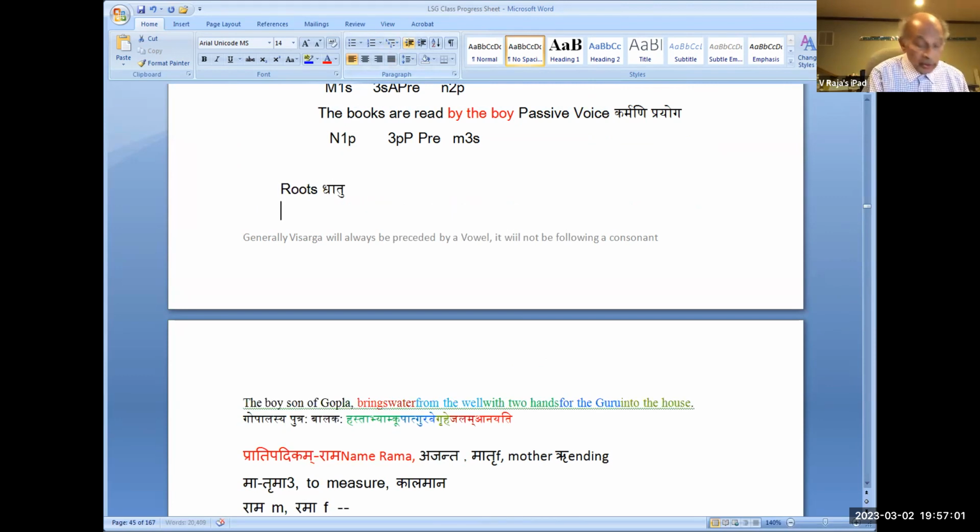The first thing is they belong to a group, and in Sanskritam it's a gana. They belong to a group and it has a meaning.